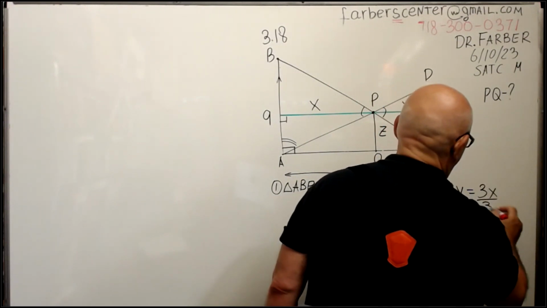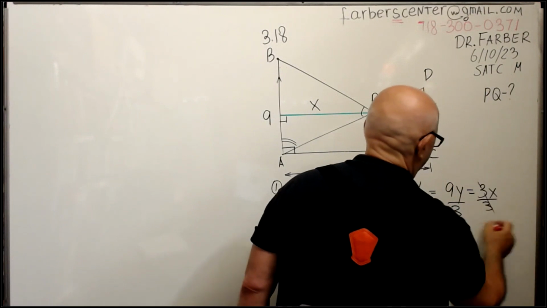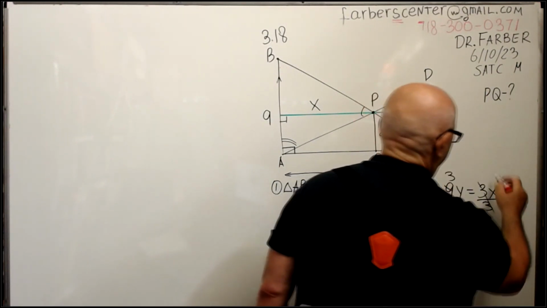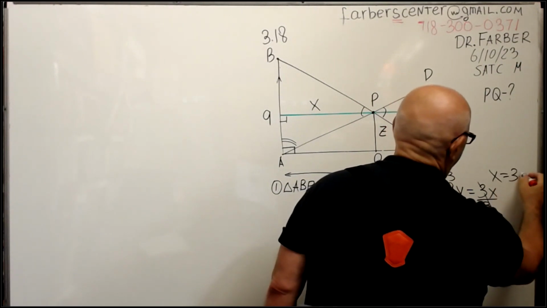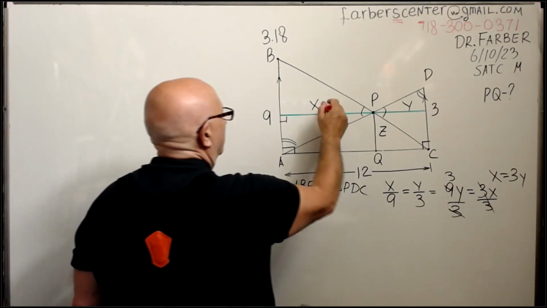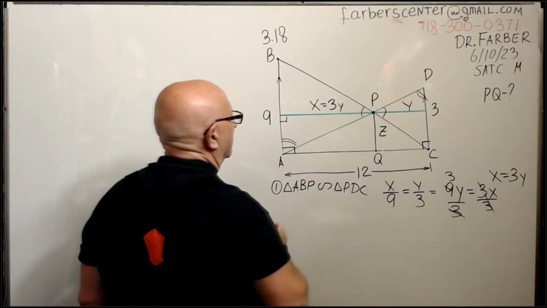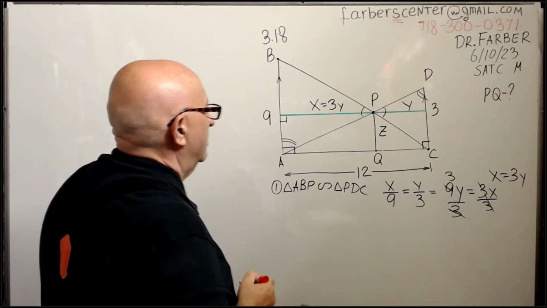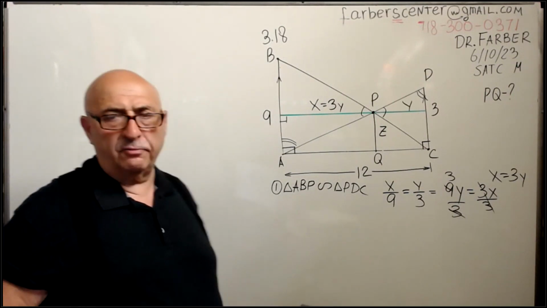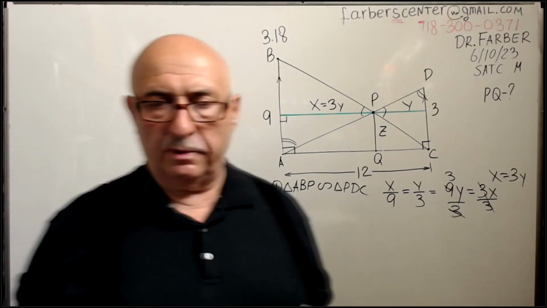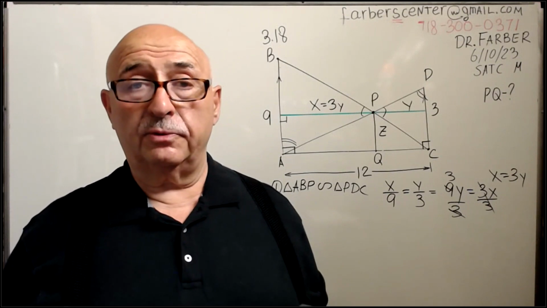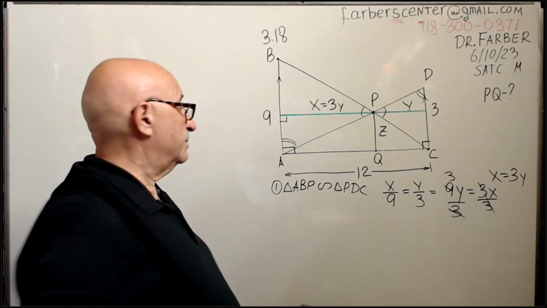You can divide both parts by 3, and after that I got that x equals 3y. So this is 3y. Any questions? Just similarity of triangles, we did it tons of times on SAT. From similarity of triangles, I found the altitudes of these triangles.